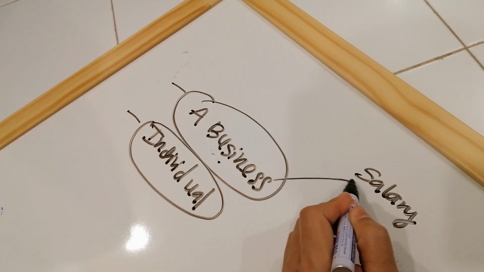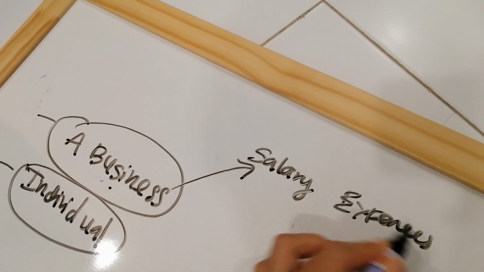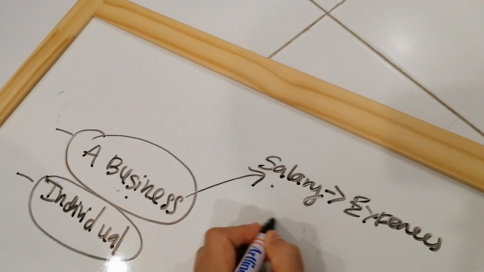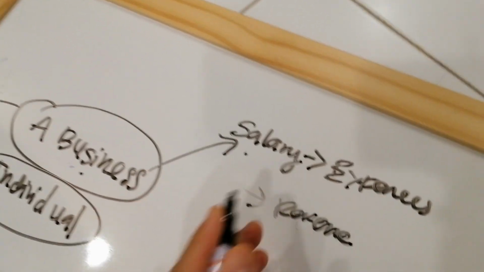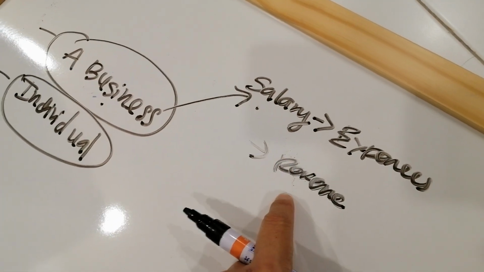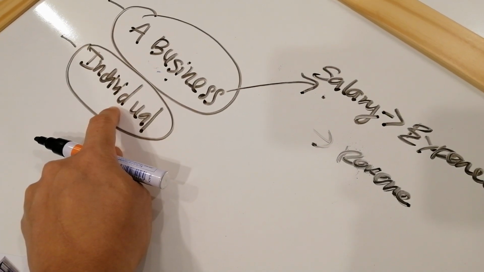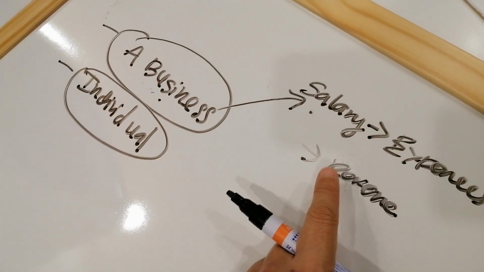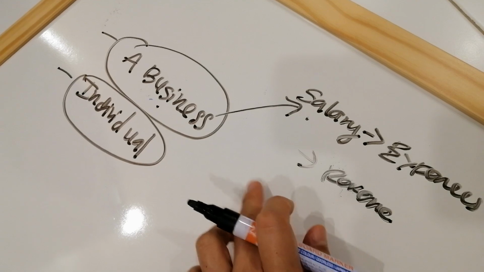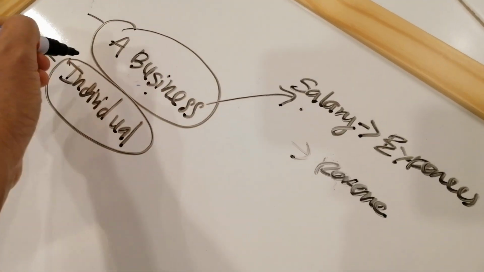From a business perspective, salary is under expenses. This is classification. If you classify salary as revenue, this is a common thing that happens to students. They always classify salary as revenue. Totally wrong, because they always assume themselves as an individual. If you are an individual, of course, salary is revenue because you are not a business. But when you prepare accounts, you must assume yourself as a business because you are preparing accounts for a business, not an individual.